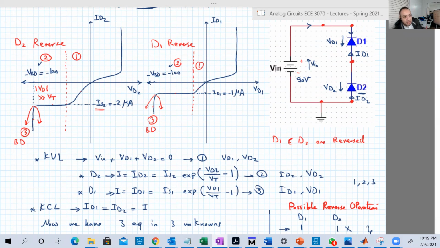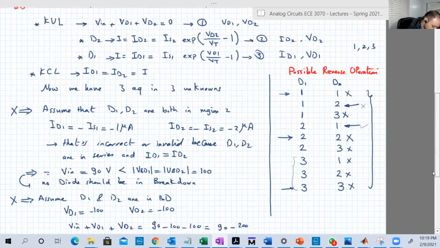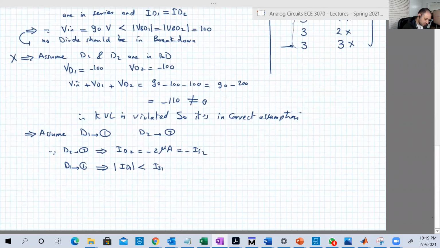It can be, for example, minus quarter microampere, minus half microampere. Its maximum is minus 1 microampere. So it should be one of these points, all of which have a magnitude less than 1 microampere. So ID1 should be less than 1 microampere because D1 is in region 1, right?